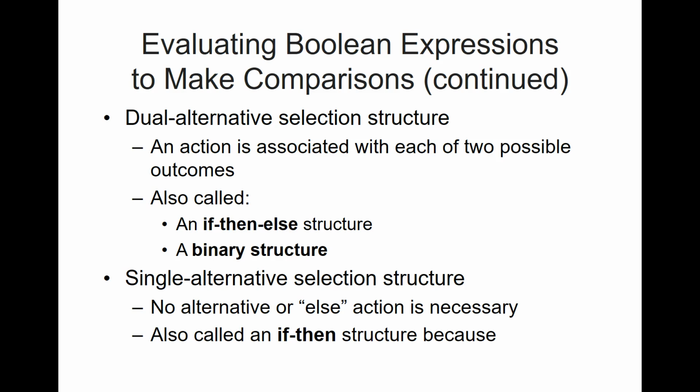So that second action is that else piece. When I write if something is true, I do one action, else I do another one. So if then else tells me that I am having a dual alternative. I have 2 things. I'm making a choice between 2 activities. If then says we only worry about the one side of our equation. So it really just has to do with how we write those out.